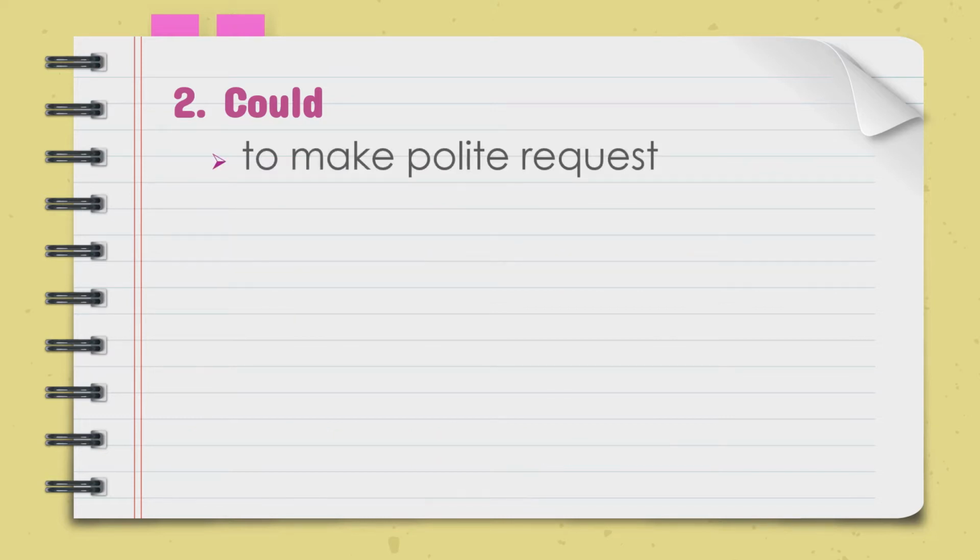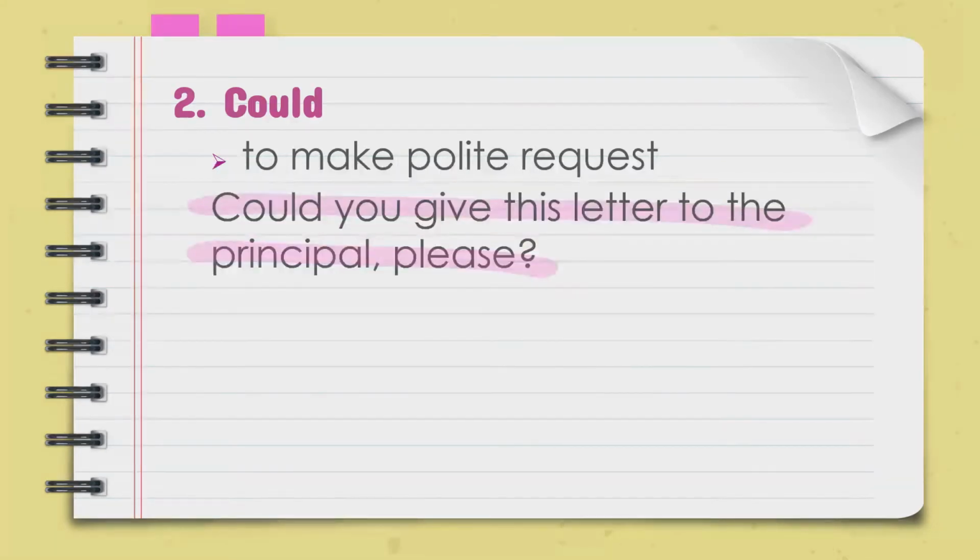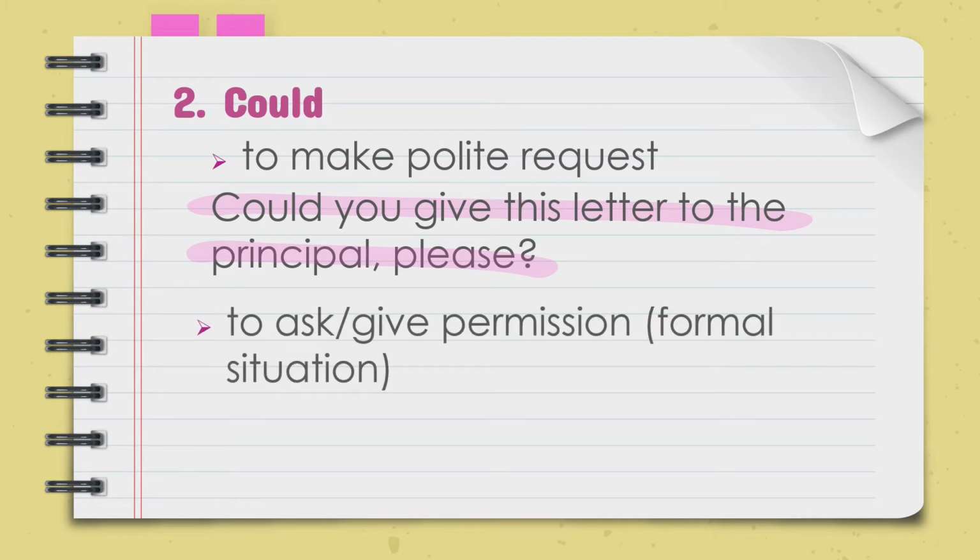To make a polite request is also one of the functions of the modal could. For example, could you give this letter to the principal, please? Then, just like can, could is also used to ask or give permission, but in formal situations like meetings and conferences.